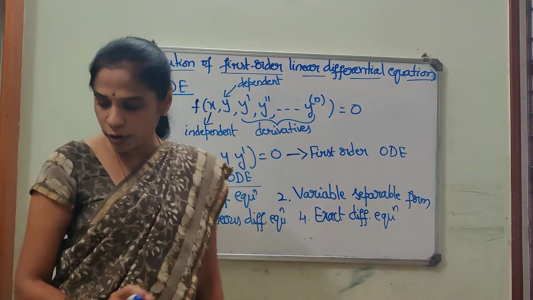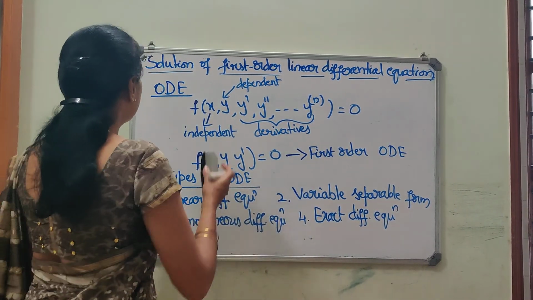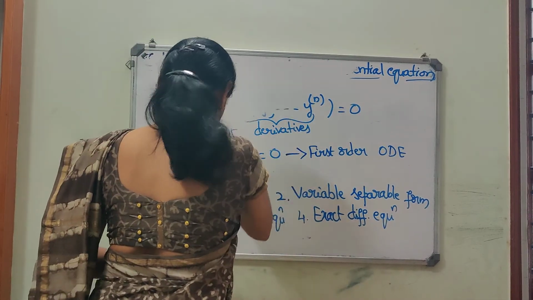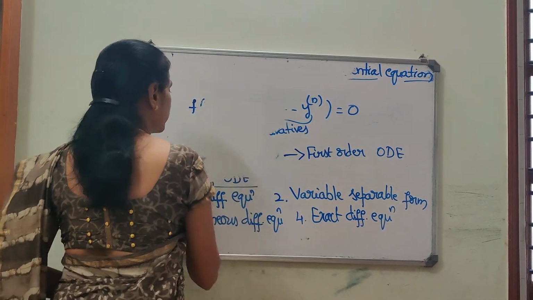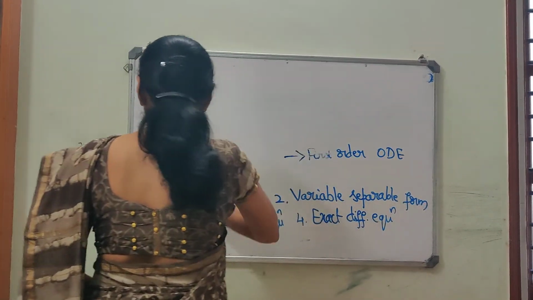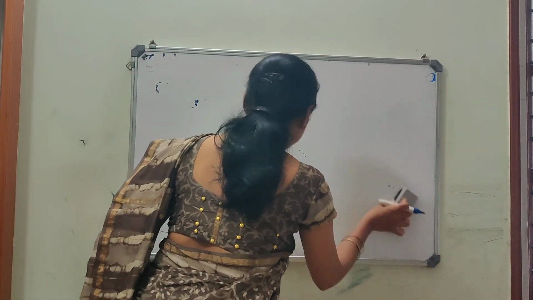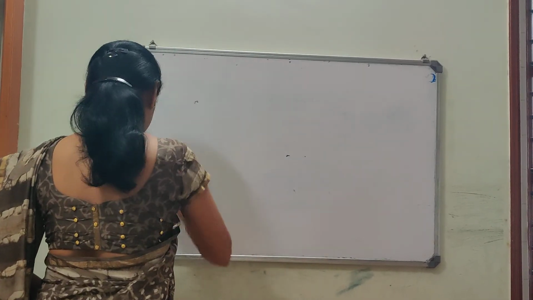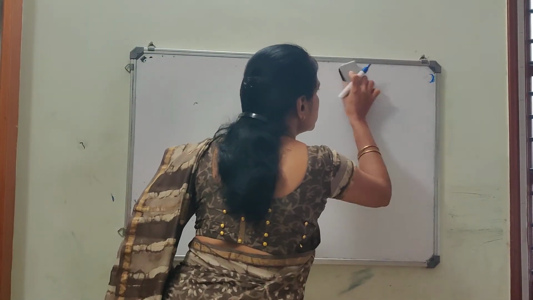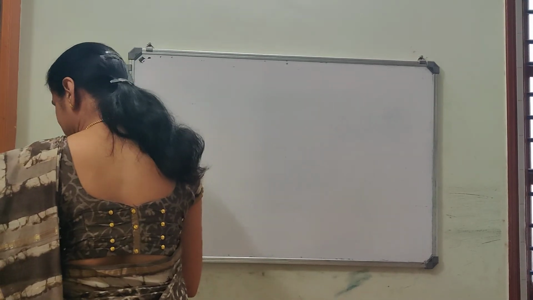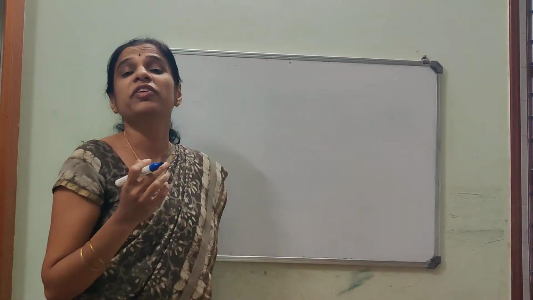So let us now look at what is a linear differential equation. A linear differential equation, we are concentrating here on first order linear differential equation. See, I never told you about what is linear, about the differential equation.